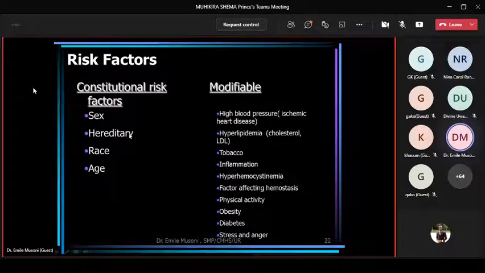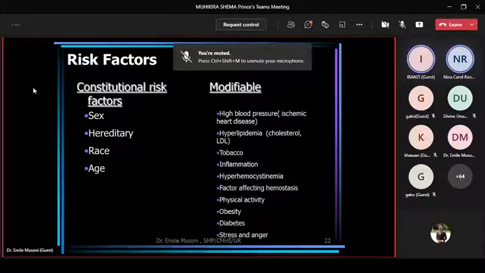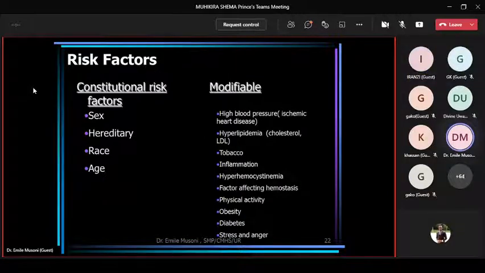Yes? Question. Welcome. How can anger cause atherosclerosis? Anger and stress, most of the time, induce immunological disease, and also they increase the blood pressure.